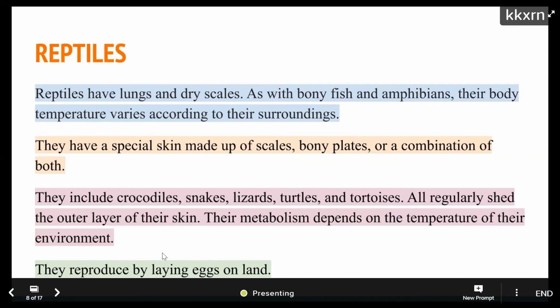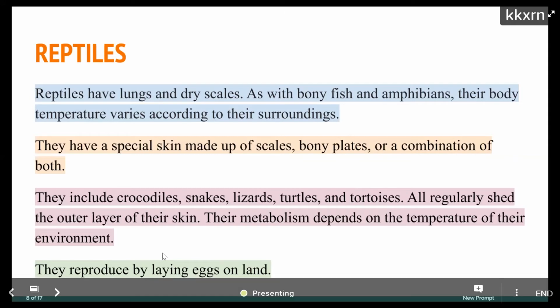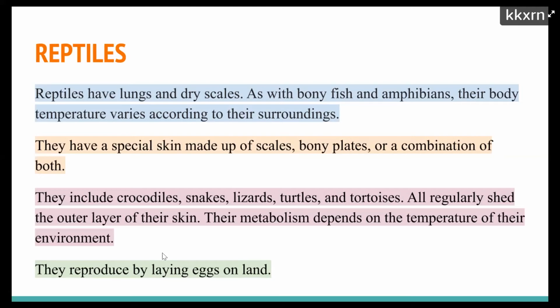What does it mean? So what's the difference between internal and external? When we say internal, the eggs are fertilized, and from the egg a new reptile, a new snake, for example, comes out, okay? It just grows in size. But the eggs of an amphibian, they do not look like the real frogs, okay?